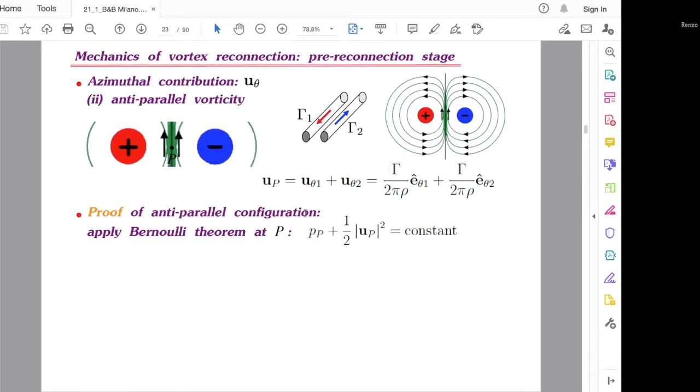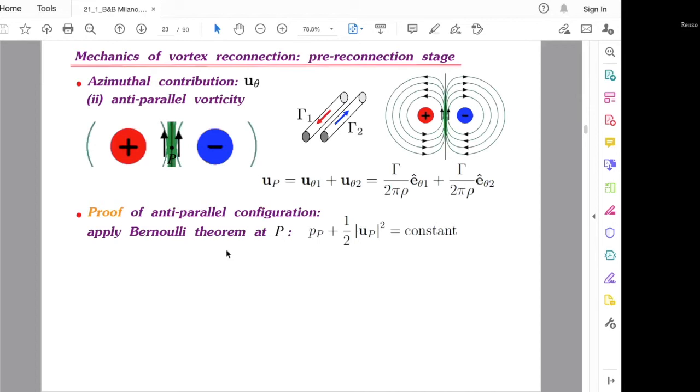So if we consider the anti-parallel configuration by applying Bernoulli's theorem, I want to focus here on the fact that even in an ideal situation, of course, in my mind, we want to care about viscous reconnection, but even in an ideal situation, we can easily prove that vortices become anti-parallel.